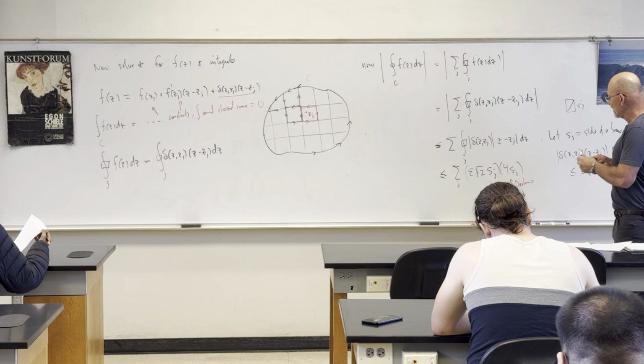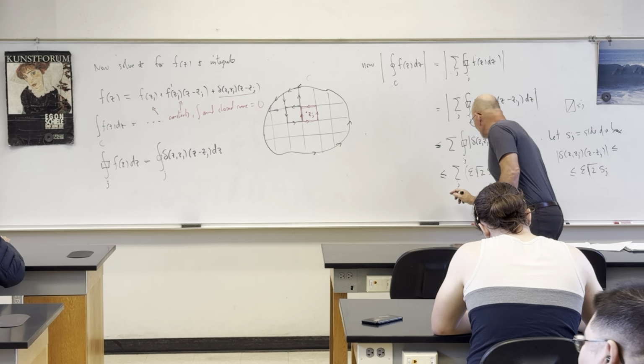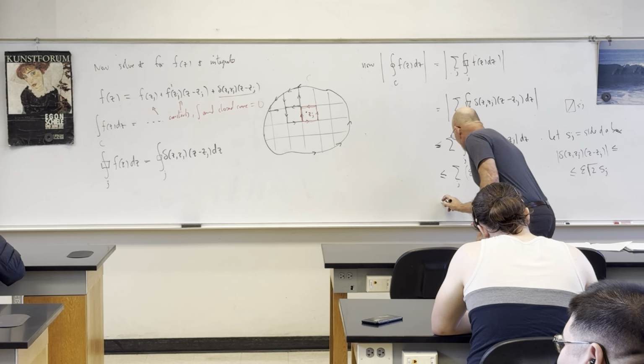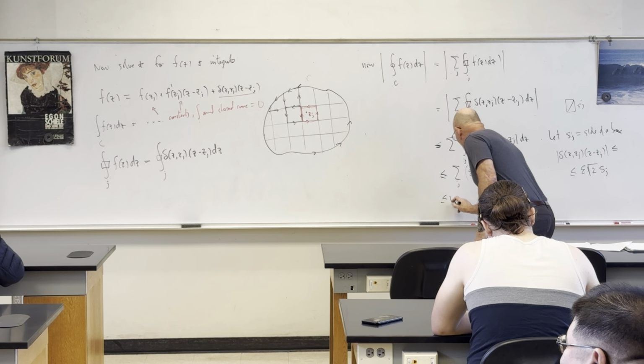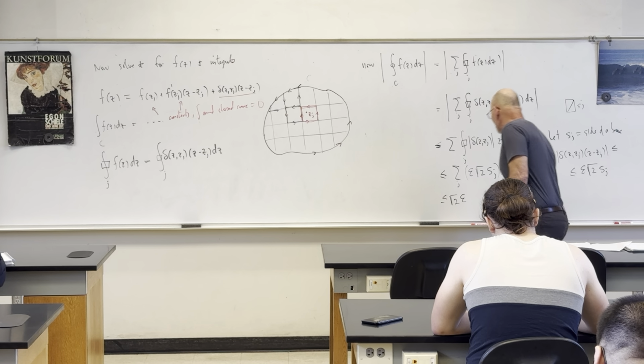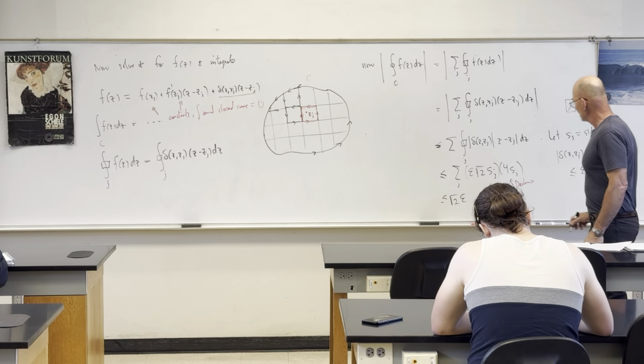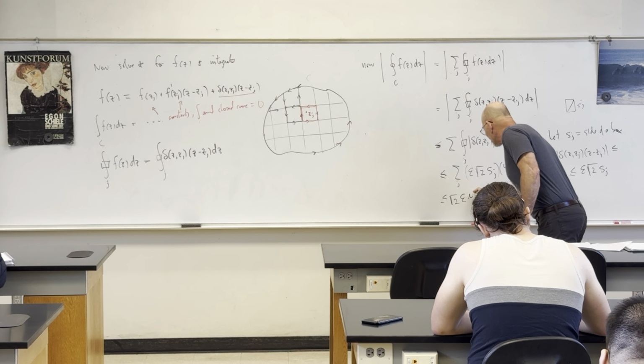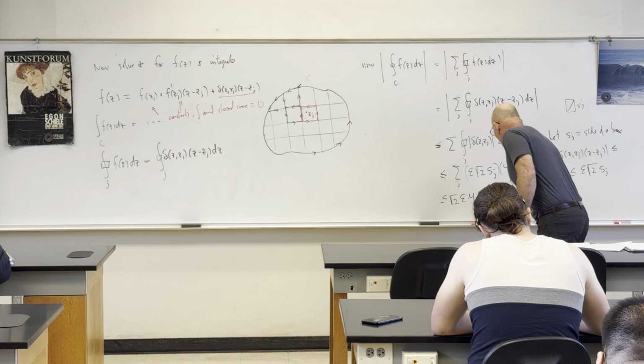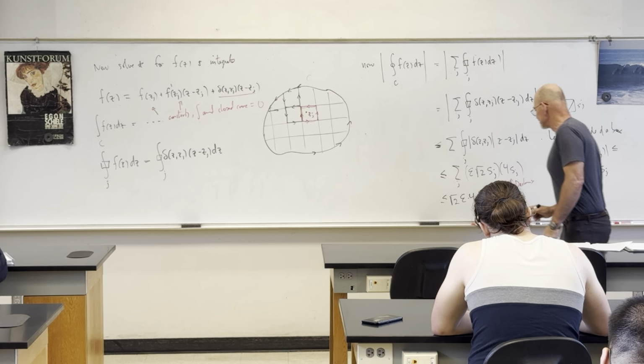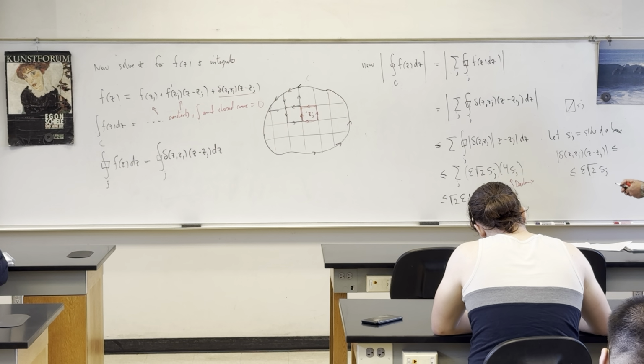And what do we end up with here? We've got less than or equal to root 2 epsilon. We'll pull the 4 out here as well. And then we'll have the sum of all s j squared. And this is where we have everything, okay?